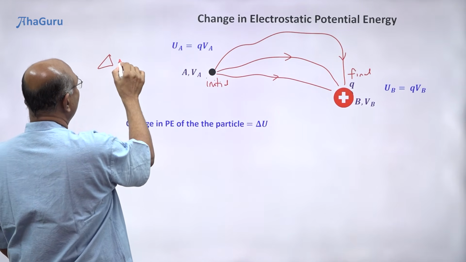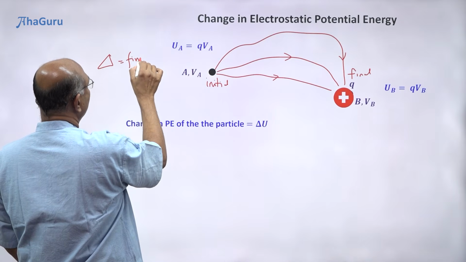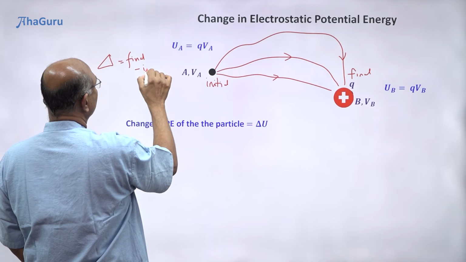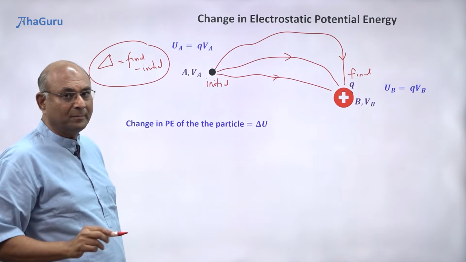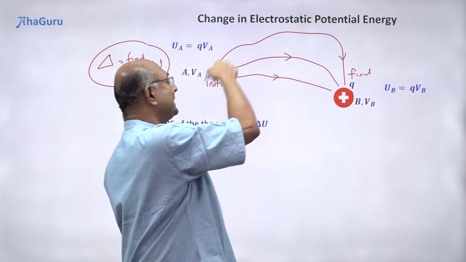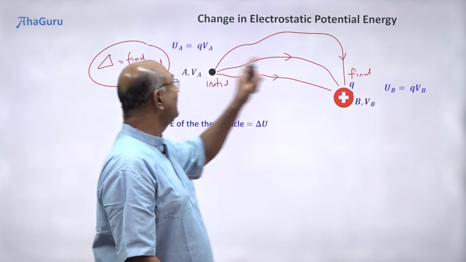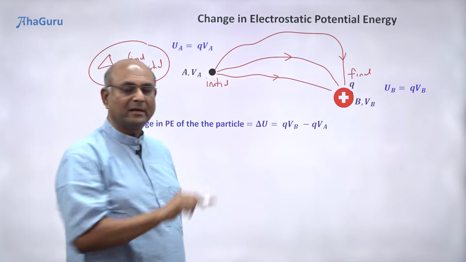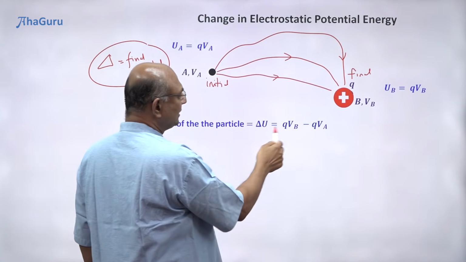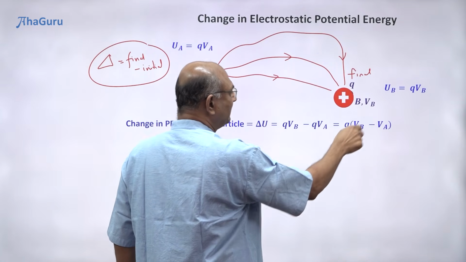Whenever we say delta, remember it is final minus initial. So delta U will be final potential energy minus initial potential energy, UB minus UA. So it will be QVB minus QVA. And if you take the Q out, you can write Q times (VB minus VA).